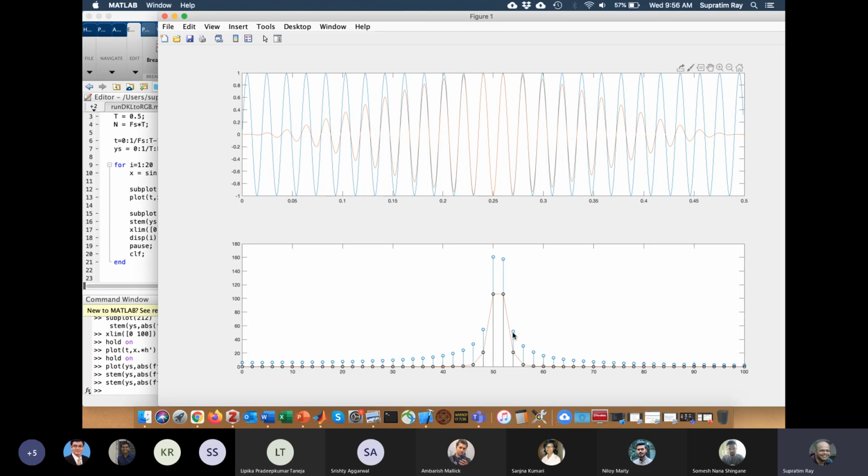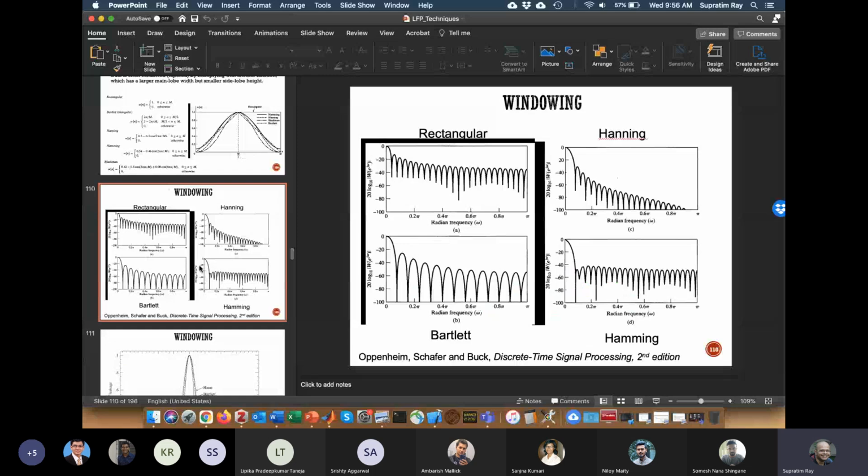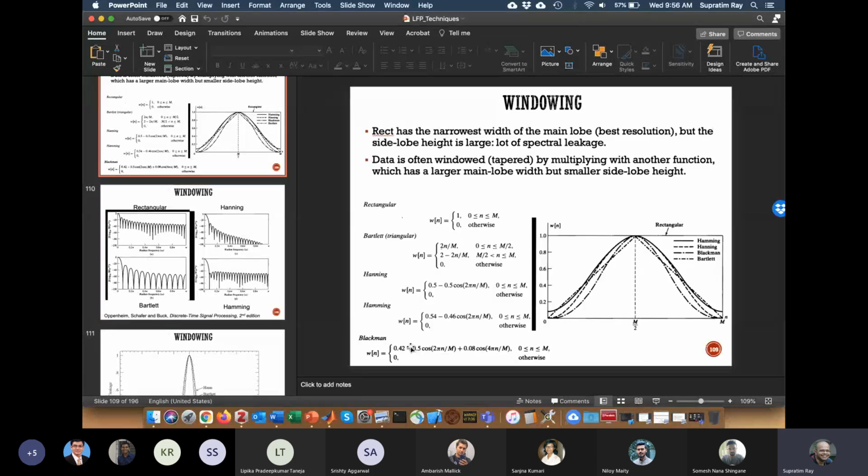Any sort of window not only changes the absolute value of this spectrum, but also the phase of the signal. You have changed the signal, so it's going to distort the original phase and the amplitude. The different windows that we talk about, the Hannings and the Hammings and the Bartlett and the Welch, they all have different properties.